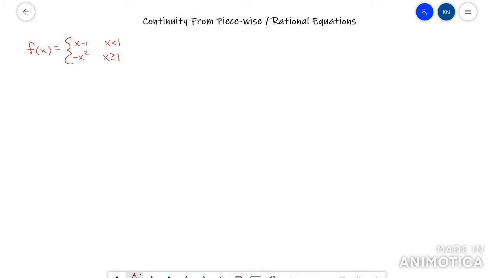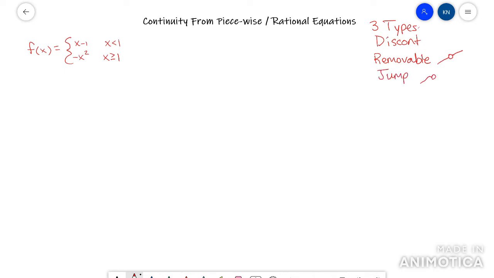So if you remember, there were three types of discontinuity that we've talked about before. So that would be a removable. That's where it's just like a hole in the graph. There's also a jump.